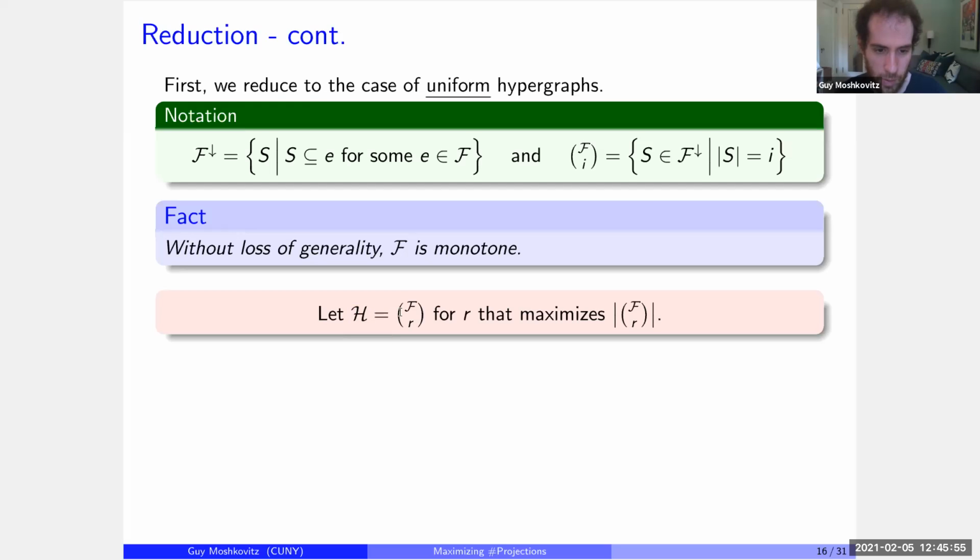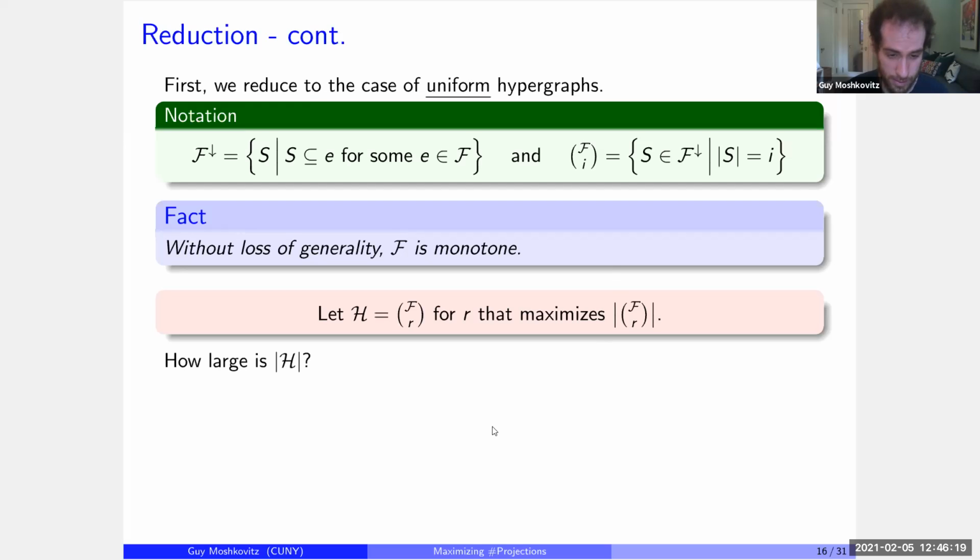And now I said that I wanted to reduce to a uniform hypergraph. So what I'm going to choose is the most popular layer. I'm going to choose the R that maximizes the size of the layer, the layer of the closure of F that has the most sets, the most edges.